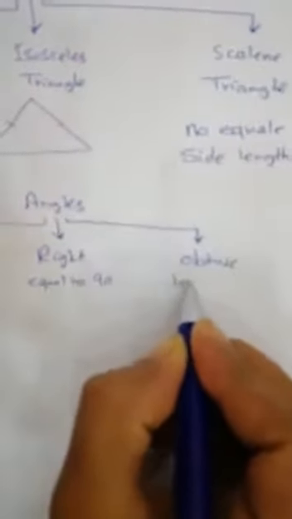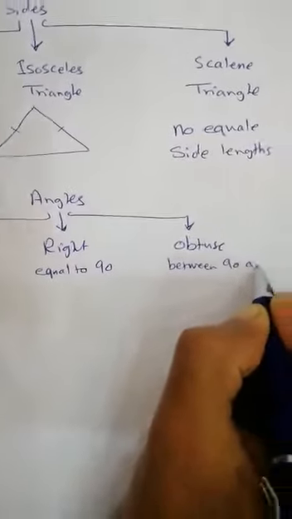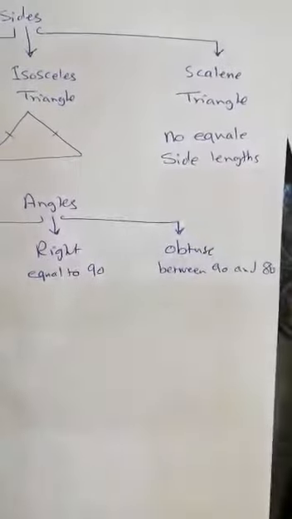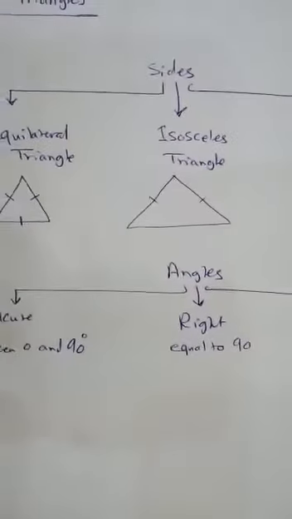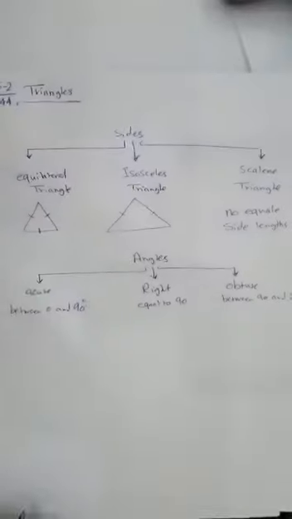Right is equal to 90, and obtuse is between 90 and 180.